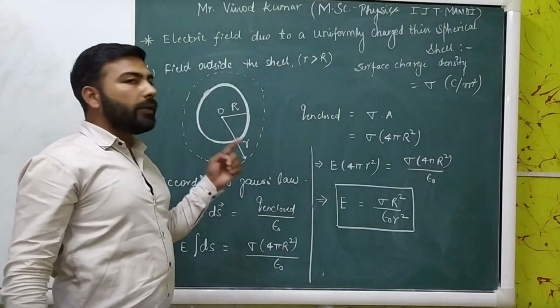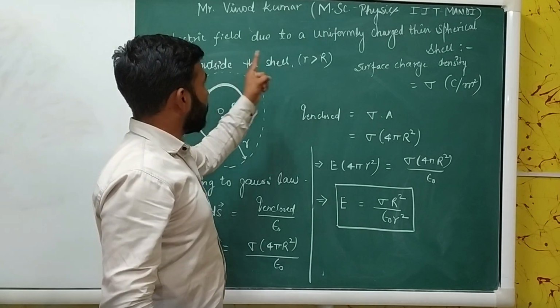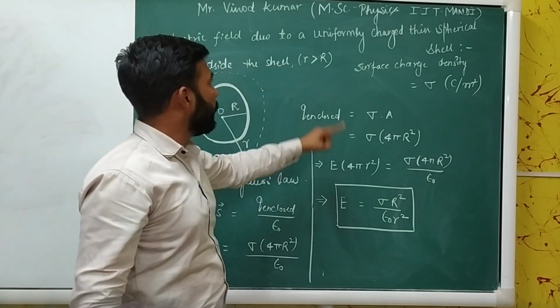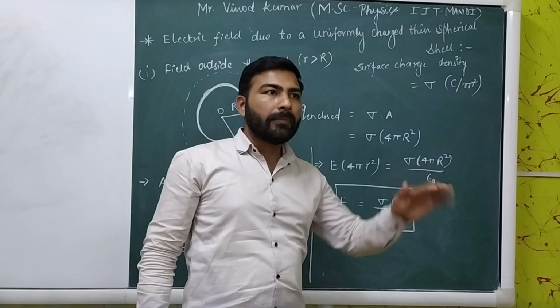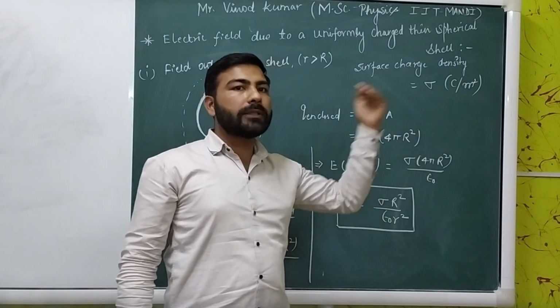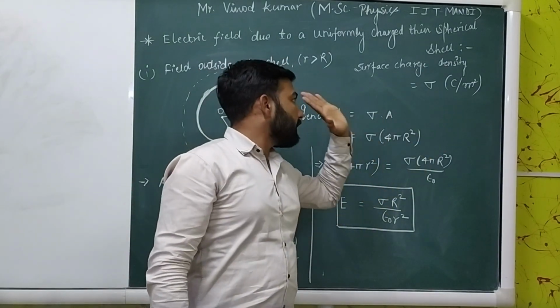This is the electric field due to a uniformly charged thin spherical cell at an outer point, or we can say outside the cell, where sigma is the charge density. Okay.